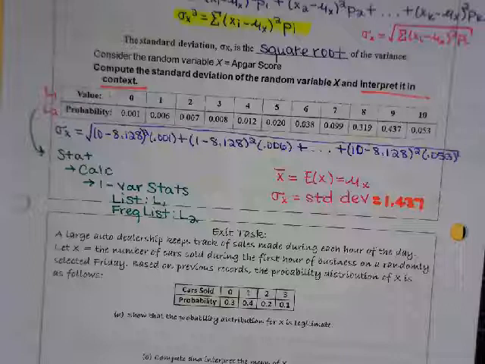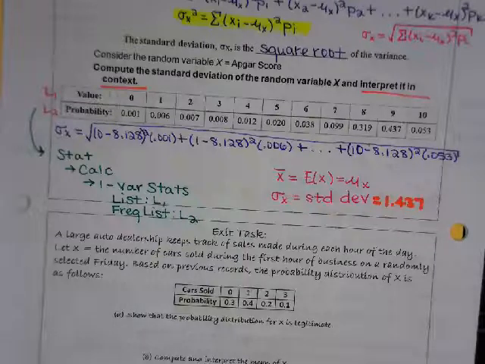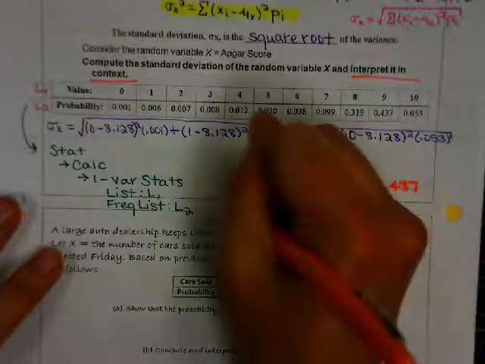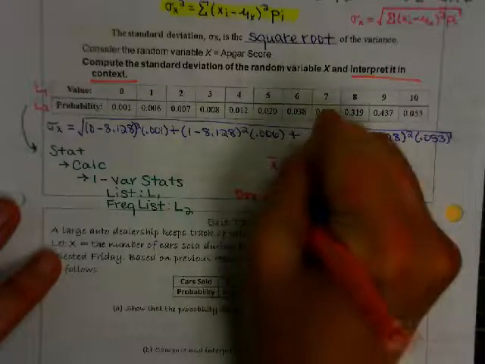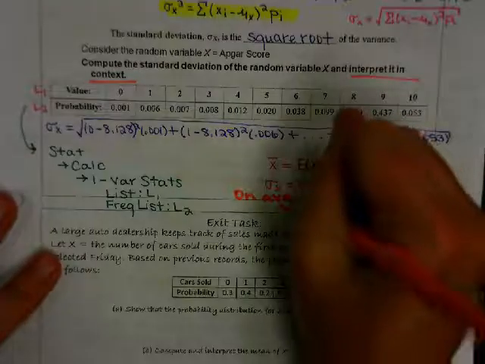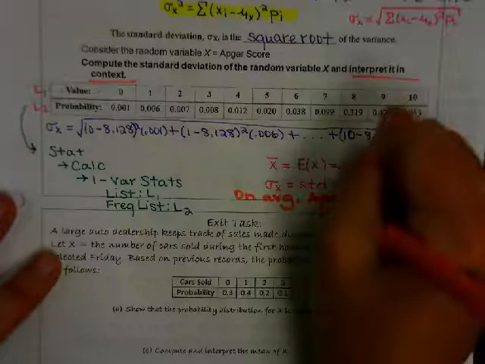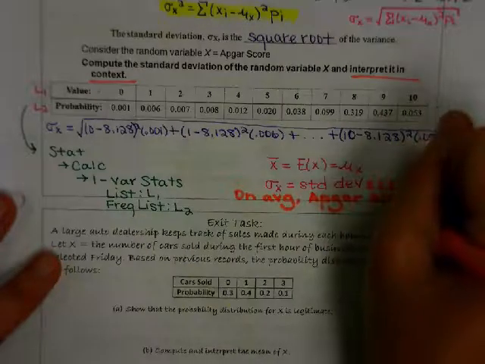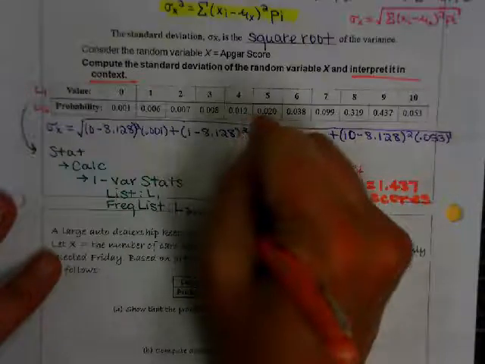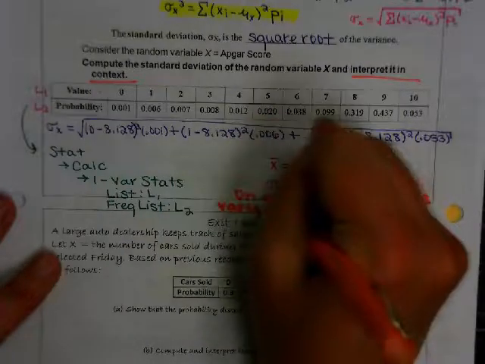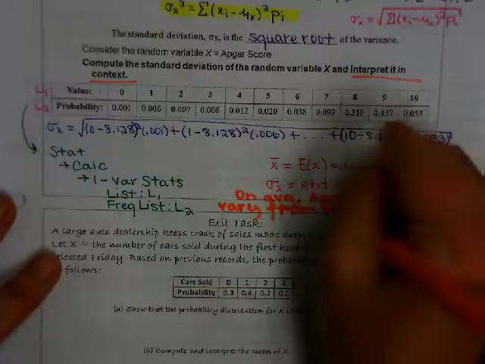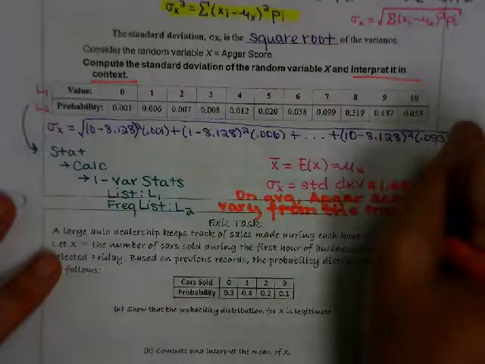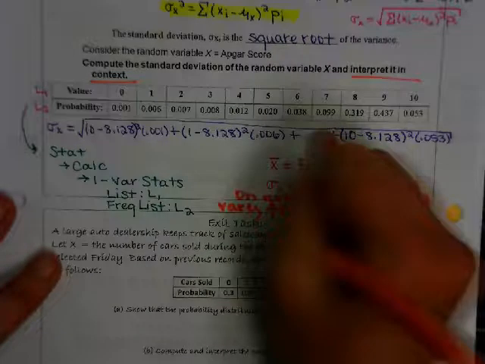So we would just say something like, on average, APGAR scores vary from the mean by 1.437 points. Questions?